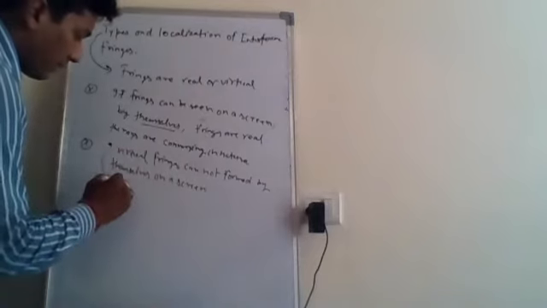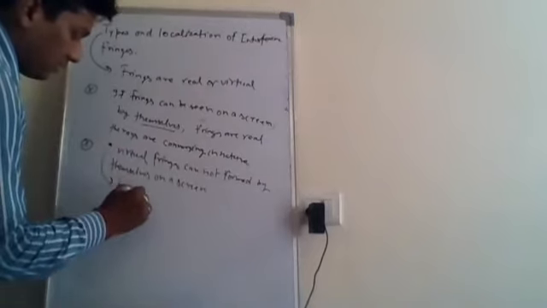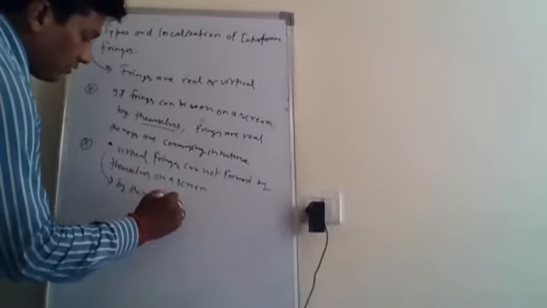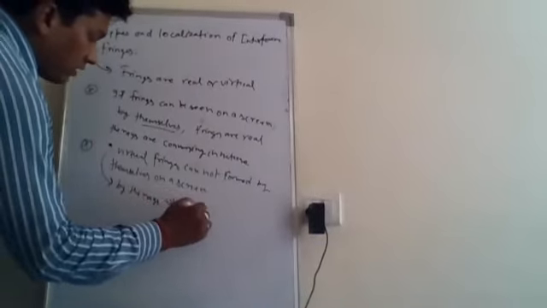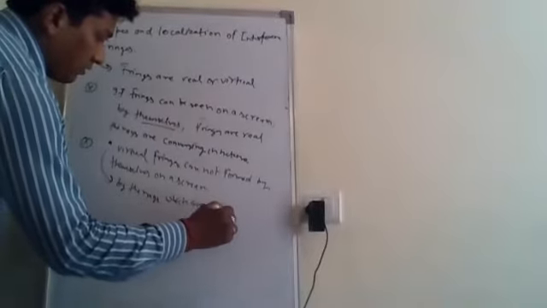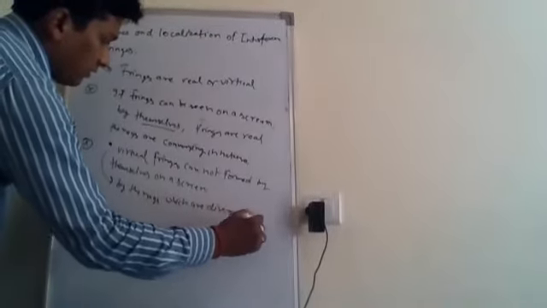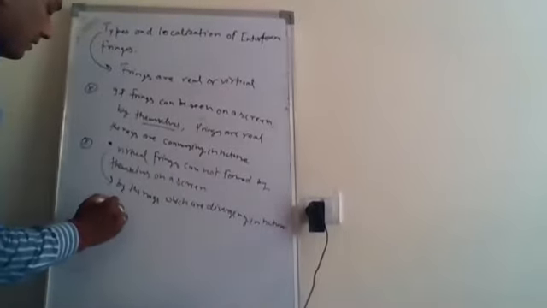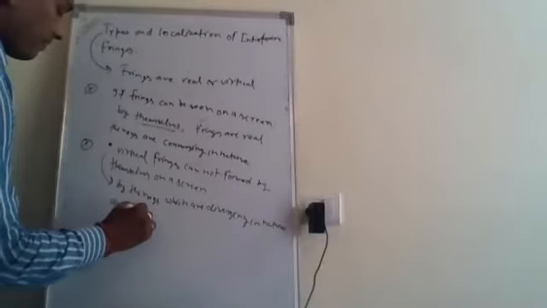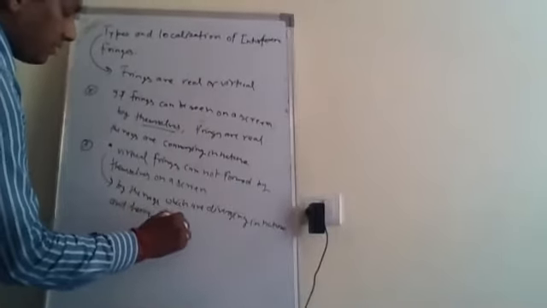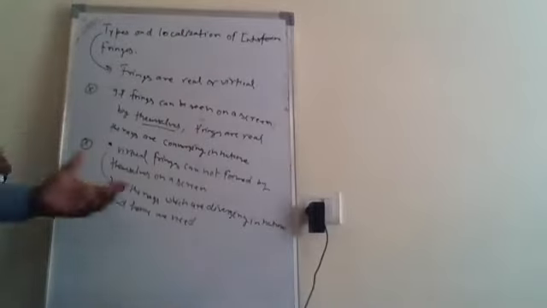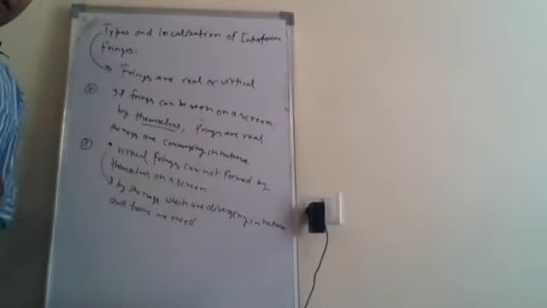Virtual fringes are formed by rays which are diverging in nature, and hence we need some type of device to form the image on a screen.